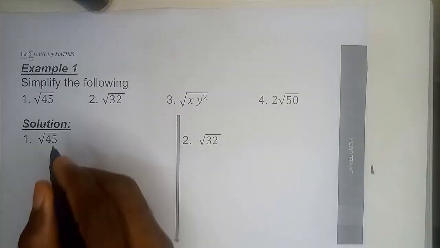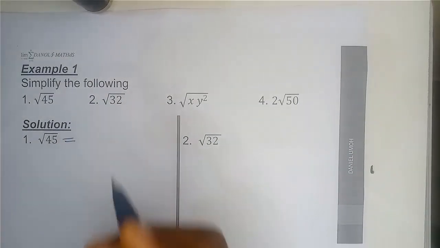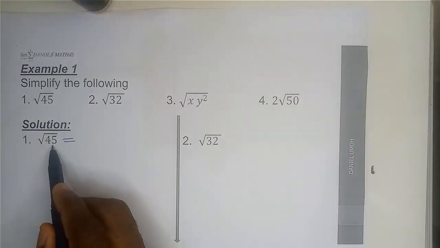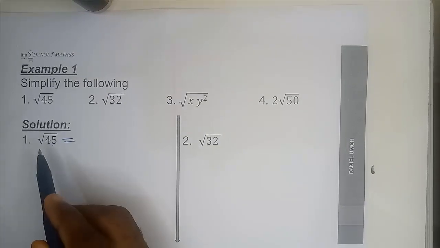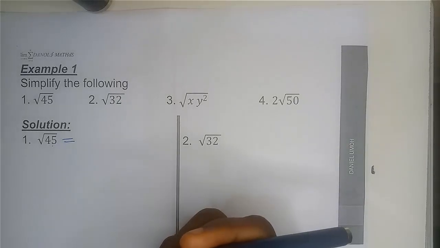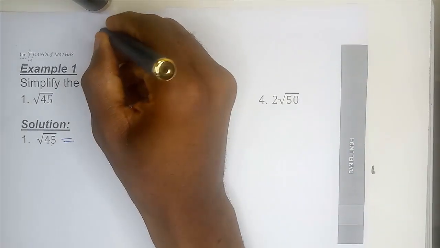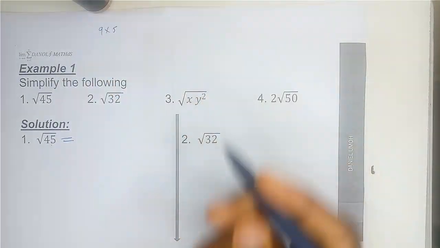Square root of 45. This is equal to, remember, we are going to split this 45 into two numbers such that at least one of the numbers must be a perfect square. Now, if you look at what are the factors of 45, of course, 9 times 5 gives us 45, right?